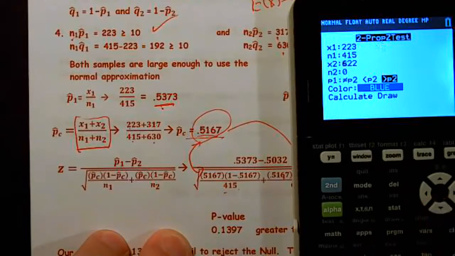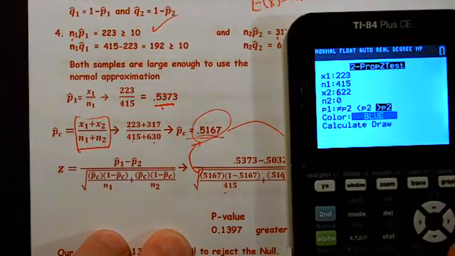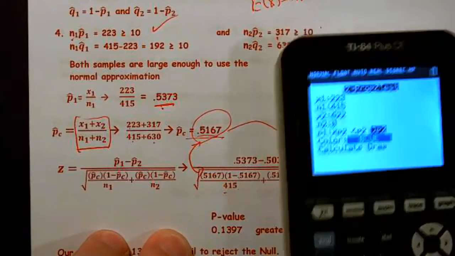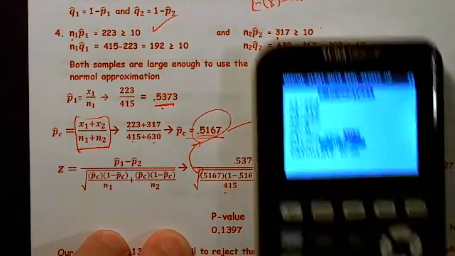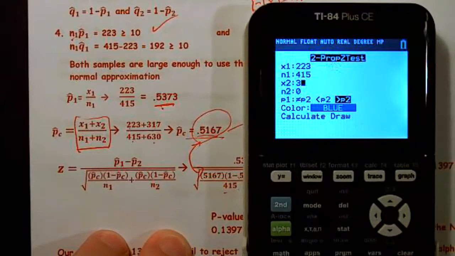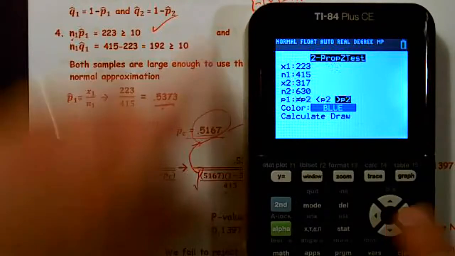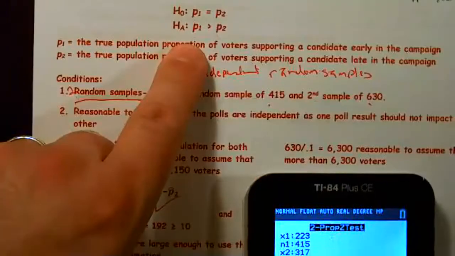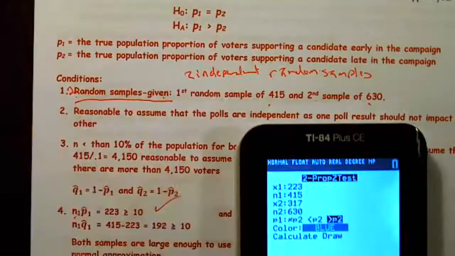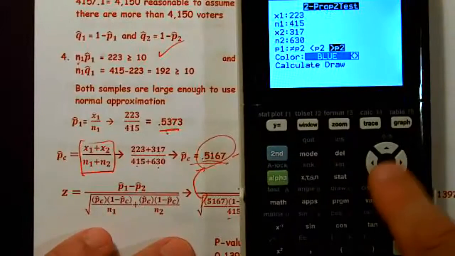And for the second one, we had, where was my value? 317 out of 630. And they want to see if it decreased, so make sure that you're always using the inequality in your alternative statement, which I have.